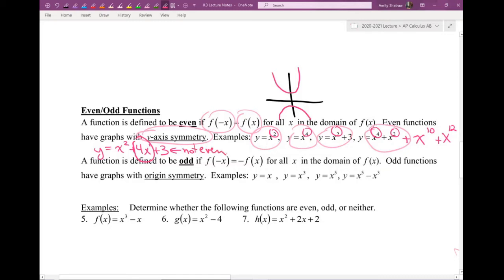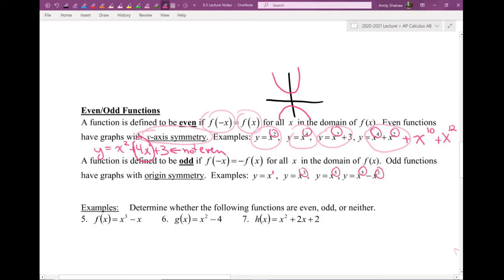Okay, so now we have the definition that a function is odd if you throw the negative x into your function and then you check to see what happens if you negate your f of x, then boom, that would mean that it is odd. And here I'll say that exponent is odd, that exponent is odd, and all of these exponents are odd.